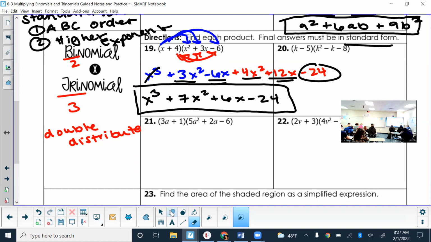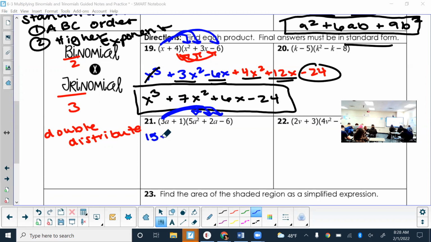So 21, what's the first step? And what do we distribute first? The 3a. And you're distributing it to the other set of parentheses, to every single term in there. So what's 3a times 5a squared? 15a cubed is correct.